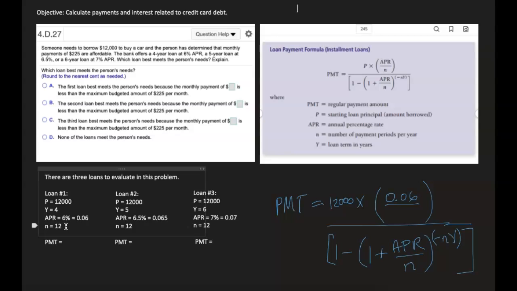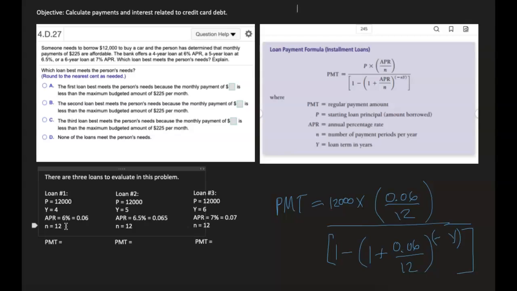And some of these pieces are just part of the formula, like the pluses and minuses and things like that, so I'm not going to change anything there. I will also replace this APR with the value we just stated, and I will replace N with the value we just stated. That was 12. And then again over here, N is 12.